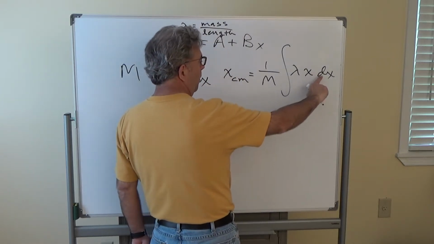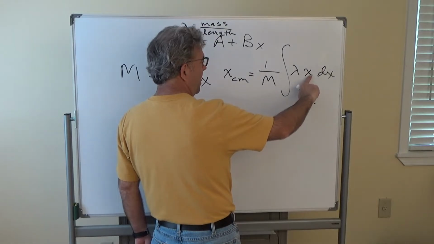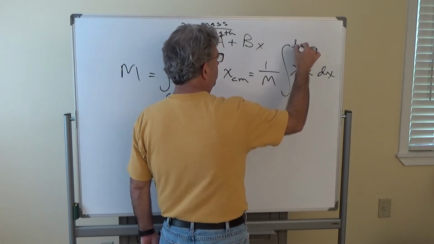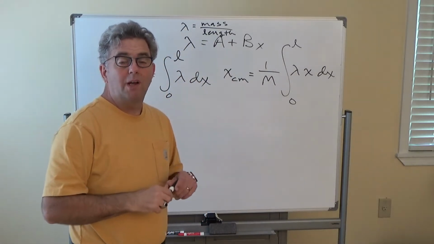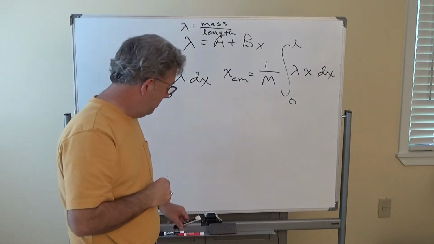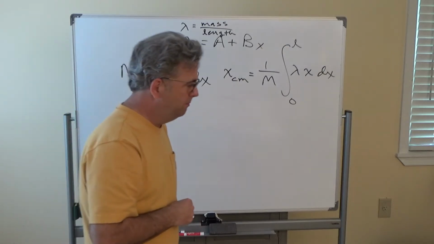Because this plays the role of the mass, the little bits of mass, and that's the position. And this also goes from 0 to L. Watch the lecture that I did calculating the center mass of the plate, and that's it.